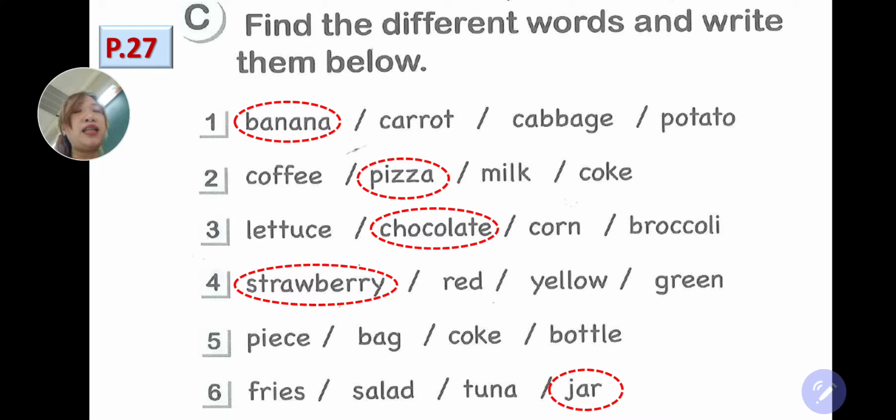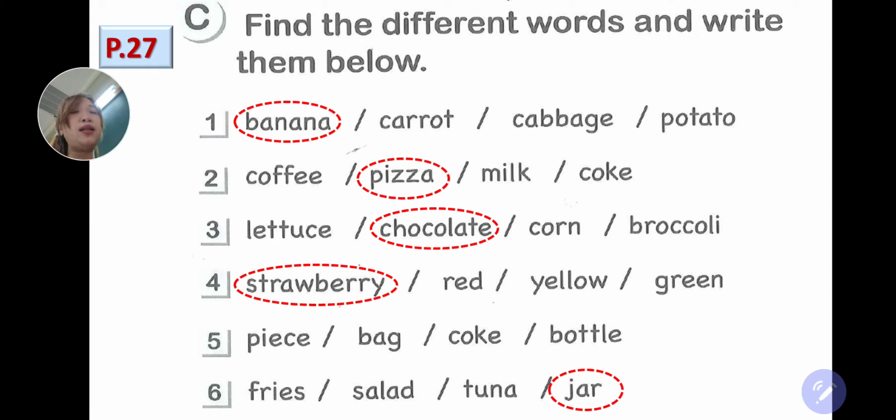OK, so banana is fruit. Number 2. Coffee, pizza, milk, and Coke. What we need to circle pizza because coffee, milk, and Coke they are liquid. 它们都是液体的。所以 pizza 它不是液体的，所以我就要 circle pizza.